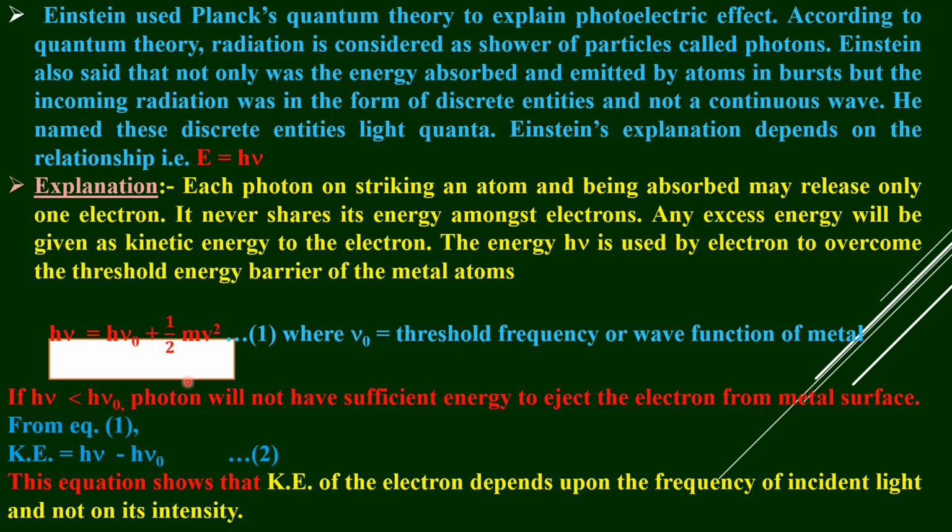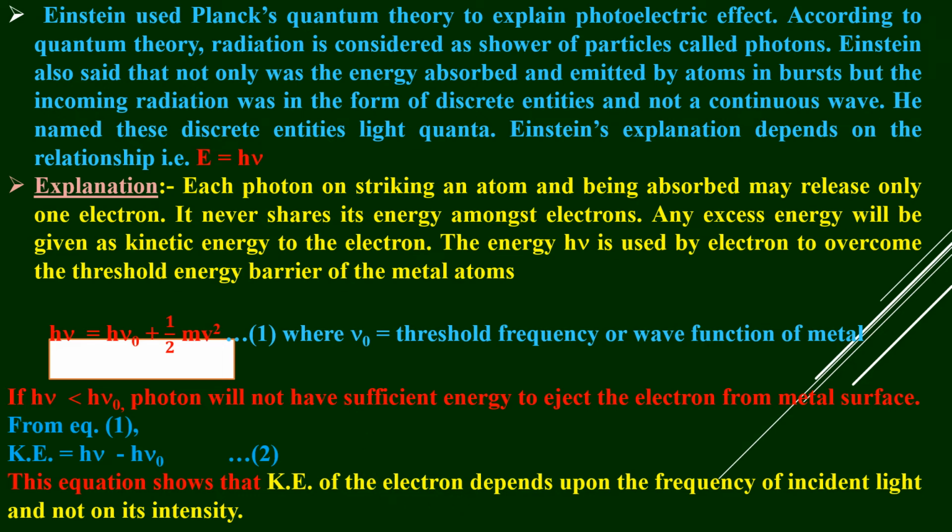And from that equation, kinetic energy is equal to h nu minus h nu naught, right? Because half m v square is the kinetic energy. So according to this equation, it clearly shows that the kinetic energy of the electron depends upon the frequency of incident light and not on its intensity.